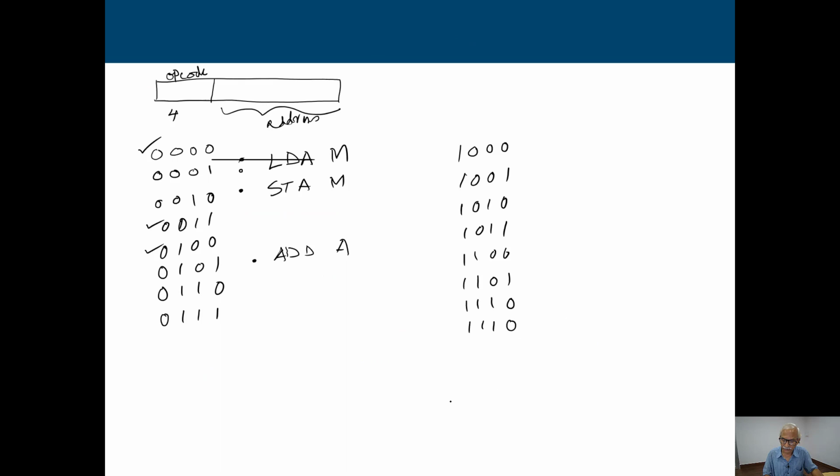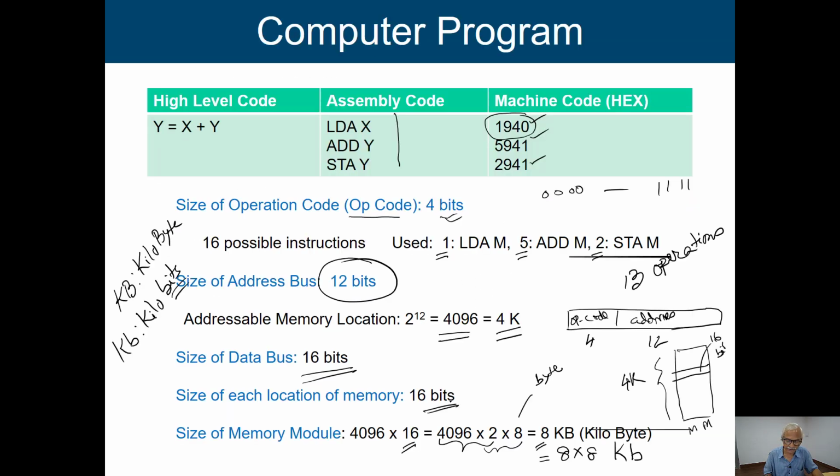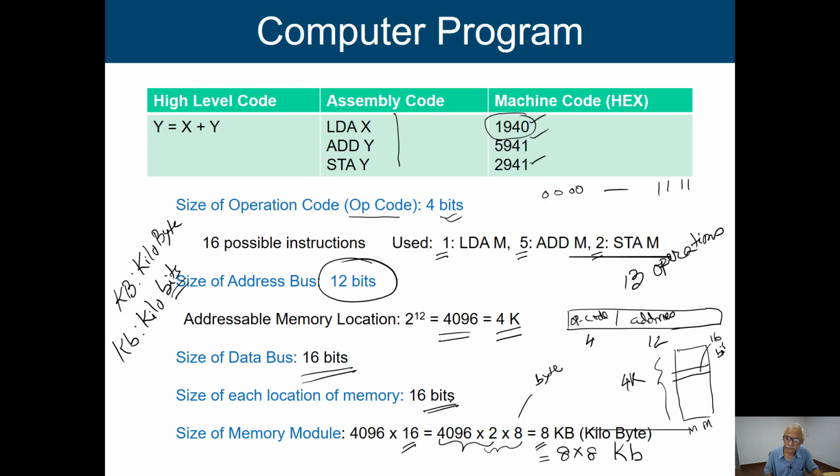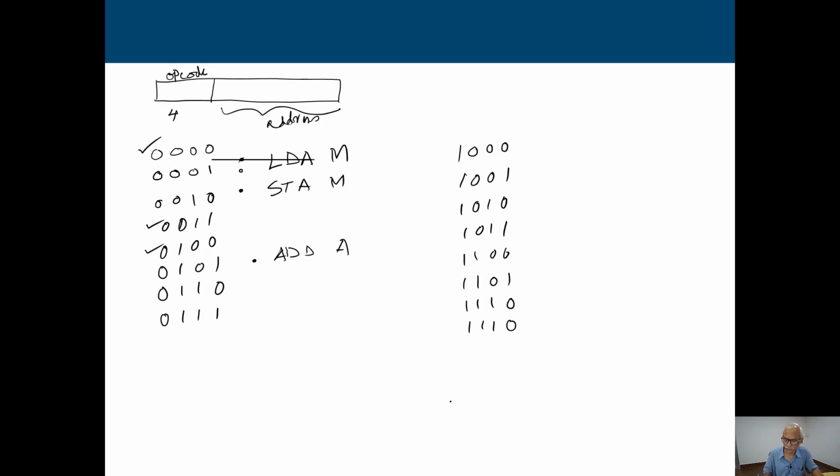Now, trying with these things, what are the steps that we will need for this particular instruction, say ADD AC. Okay. So in this particular case, you just see what steps we need to do.